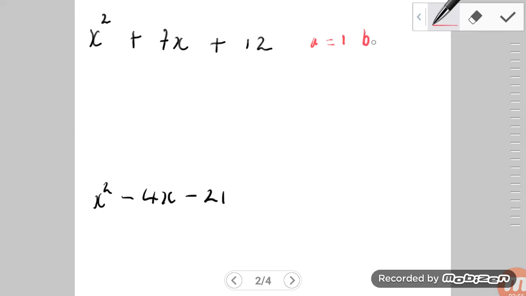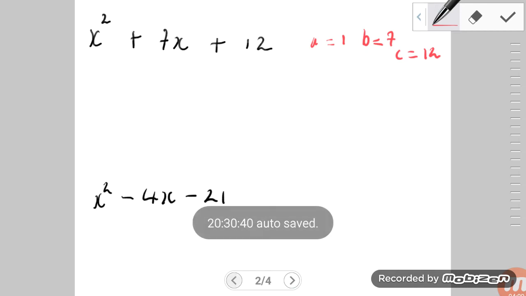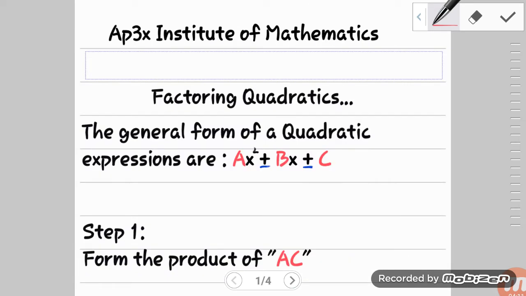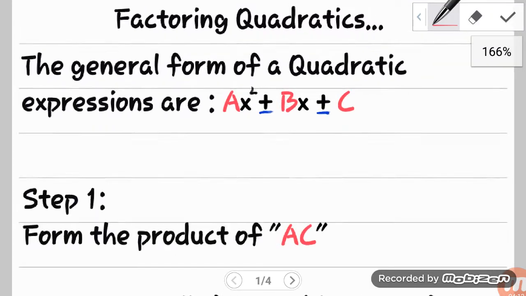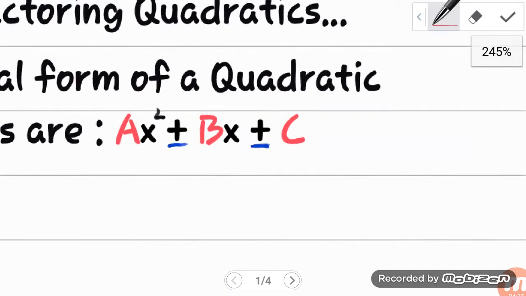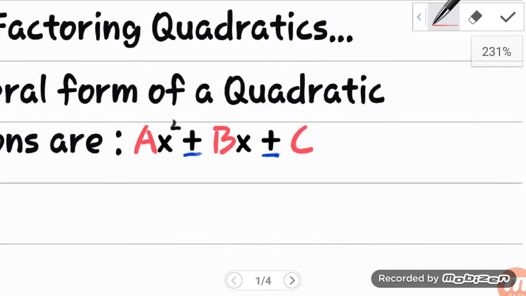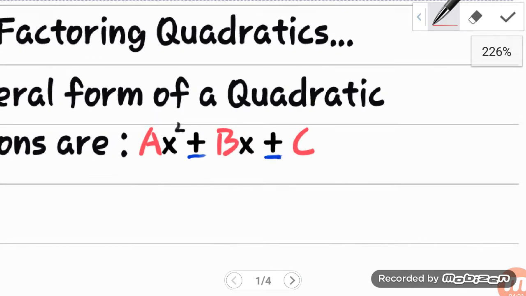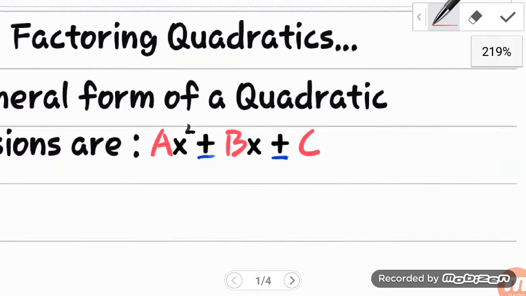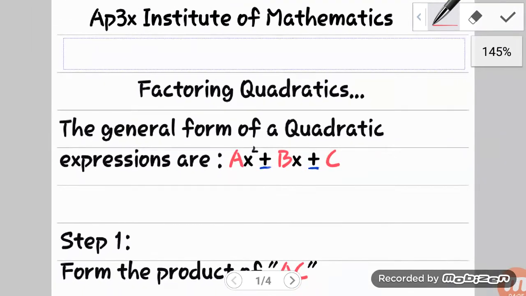Now the coefficient of x here, which is represented by the letter B, is 7, and C is equal to 12. Now if you're wondering where we got those A, B, and C from, of course you can see here that I have already listed that the general form of any quadratic expression is in fact ax squared plus bx plus c. So here I got the A, the B, and the C from.